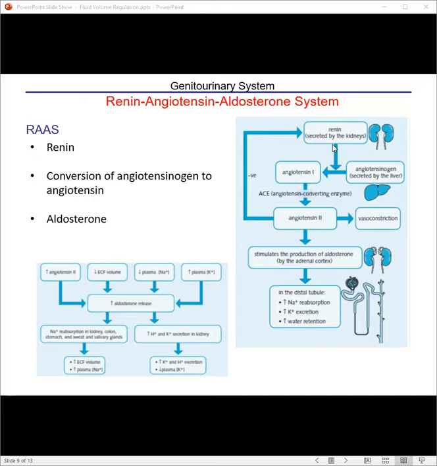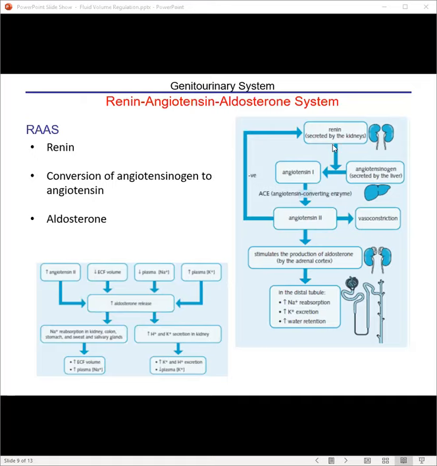Because of the lesser volume in the blood vessels, this will lead to hypotension, right? Of course, the blood pressure will go down. Therefore, the decrease in tension in the walls of the afferent arteriole will lead to decreased perfusion pressure in the kidneys.